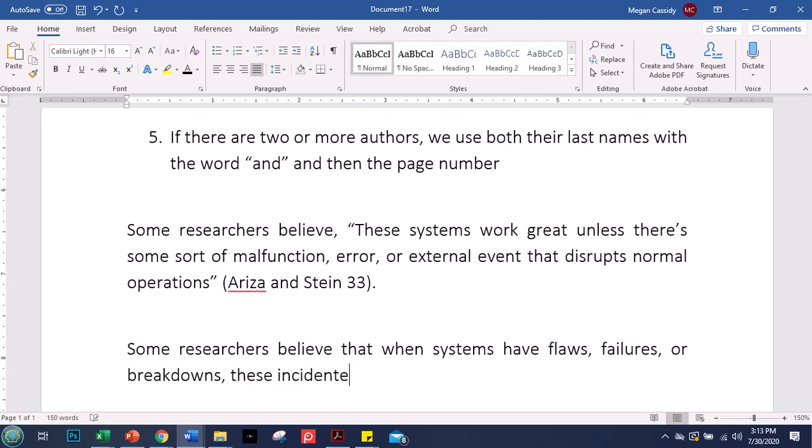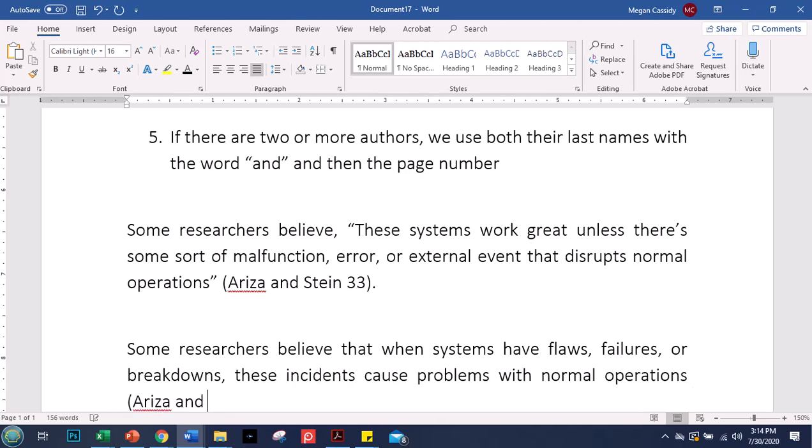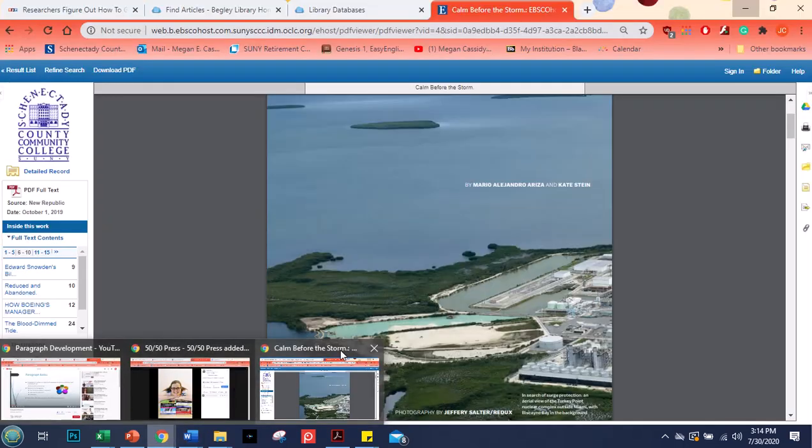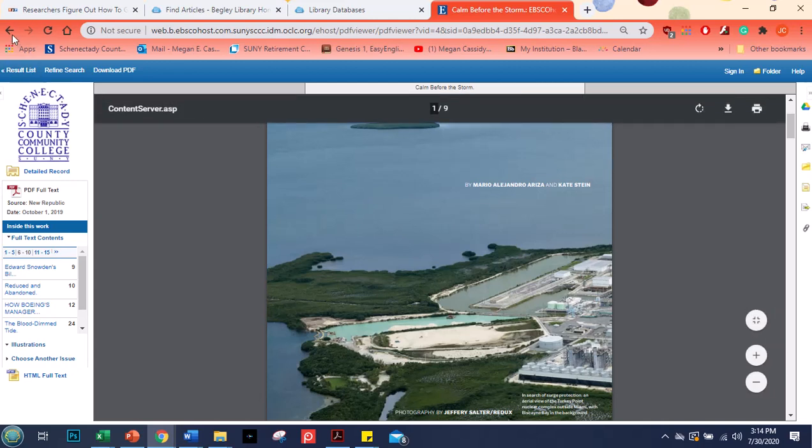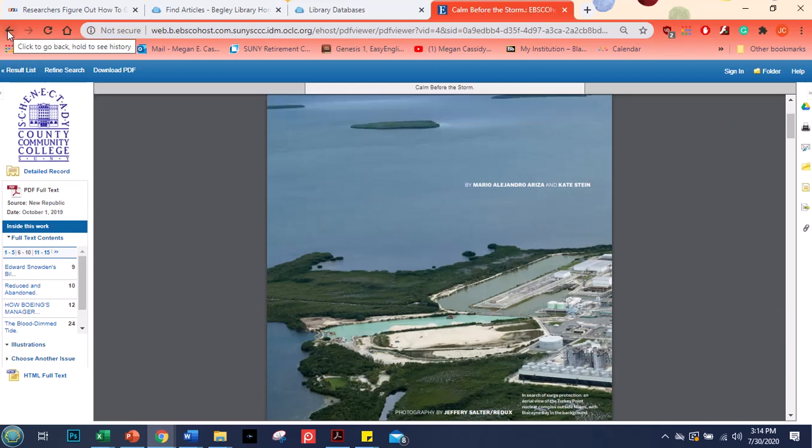These incidents instead of events cause problems with normal operations. Okay, it's still from Ariza and Stein. Now, I put Ariza's name first because Ariza was listed first on that piece of research. So let me grab another piece and let's see who's listed there.